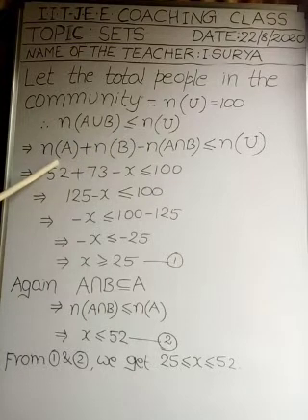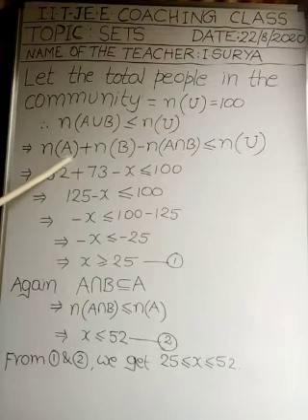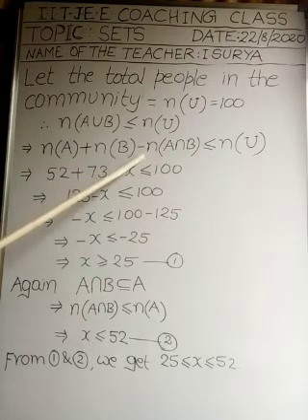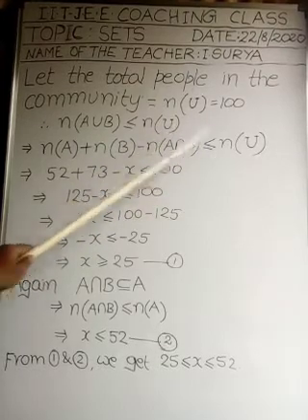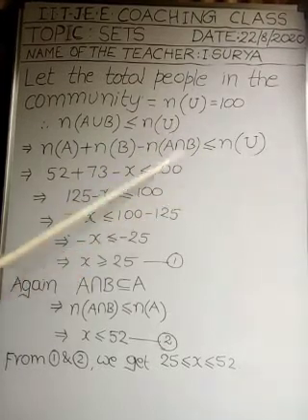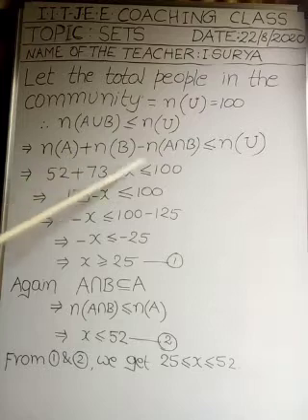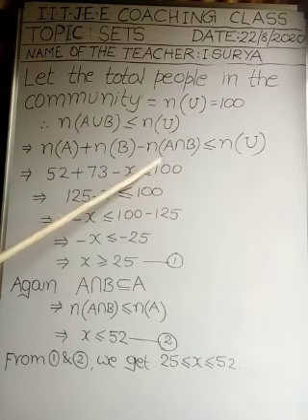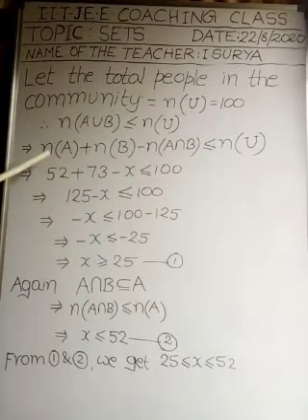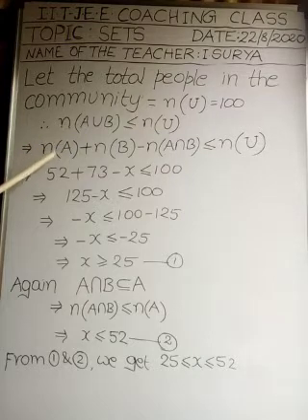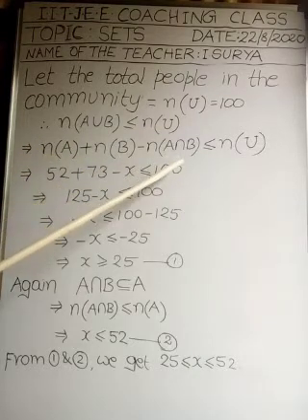What is the formula? n of A plus n of B minus n of (A intersection B), less than or equal to n of universal set. Understood this step, my children? Just I wrote the n of (A union B) formula in LHS of this inequation. Understood this step, my children? Right. This implies in LHS, I substituted the values of n of A, n of B, and n of (A intersection B).